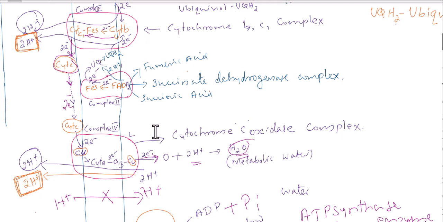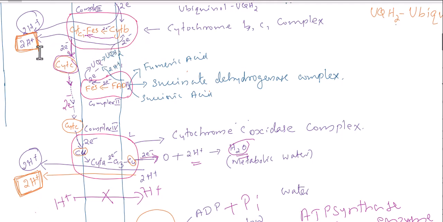So the electron movement occurs from succinic acid, from complex 2 to complex 3, then cytochrome C, and then through complex 4 to oxygen. As a result of this second flow of electrons, again 2 pairs of hydrogen ions are pumped to the outside.